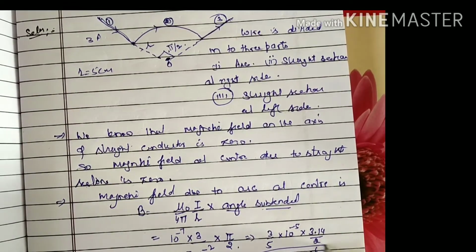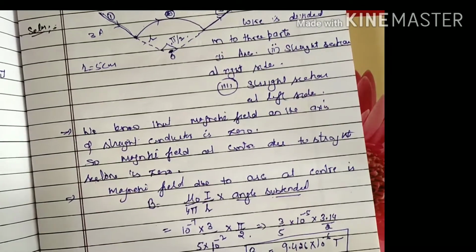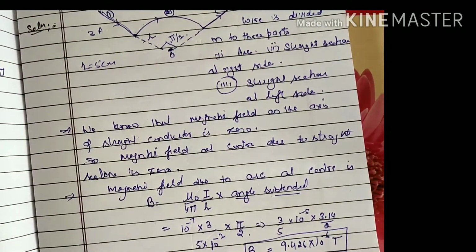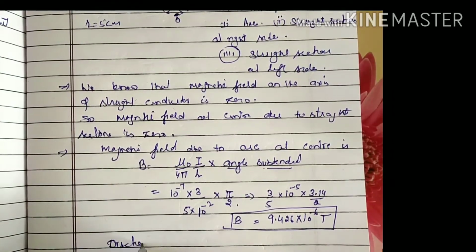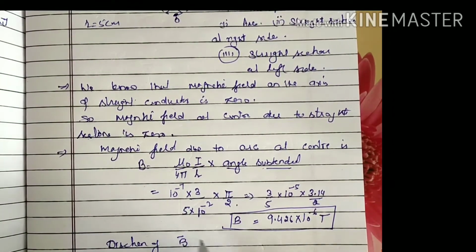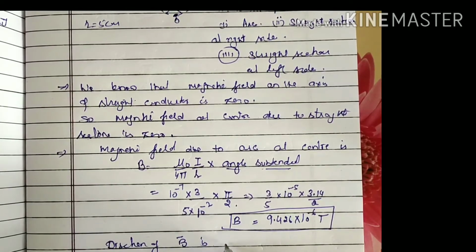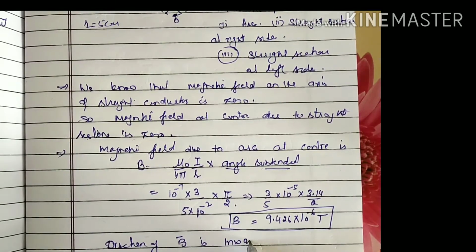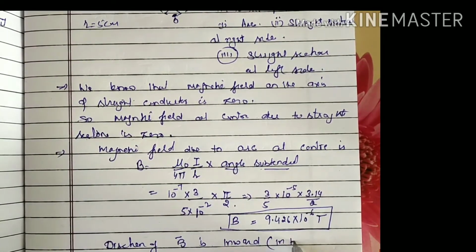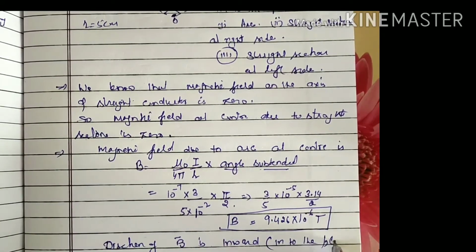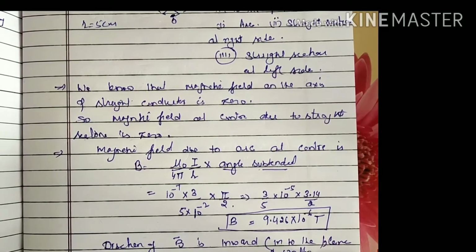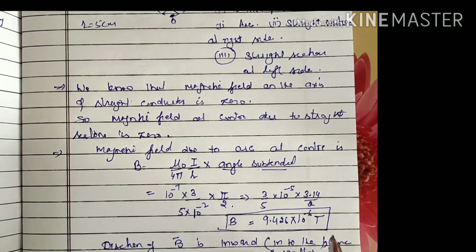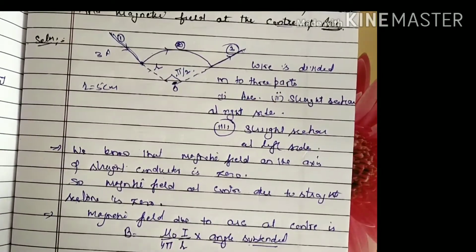This is the magnetic field at point O, or at the center, and the direction of this magnetic field is inward, into the plane of paper, by using the right hand thumb rule in vector form.